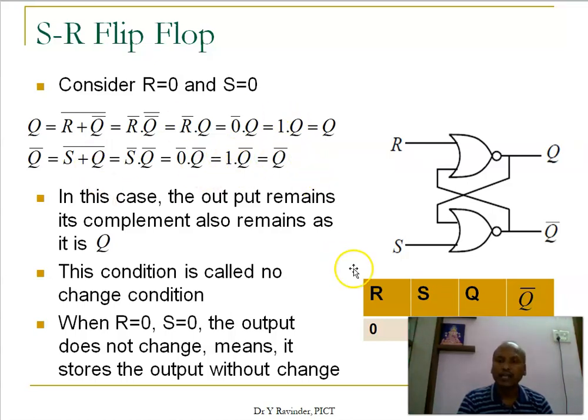So when the input R and S both are 0, the output will not change from its previous value. When R is 1, the S is 0, the output will be reset to 0. When R is 0 and S is 1, the output will be set to 1.